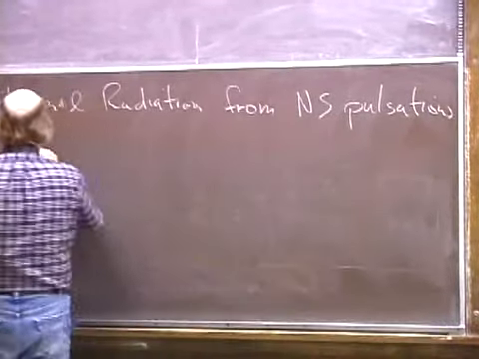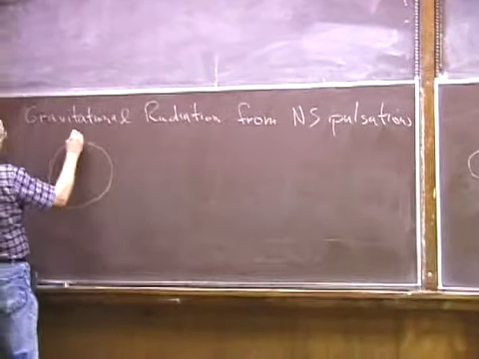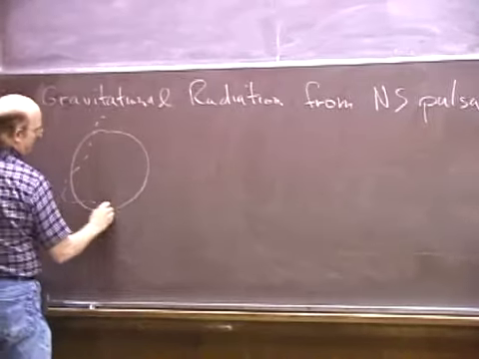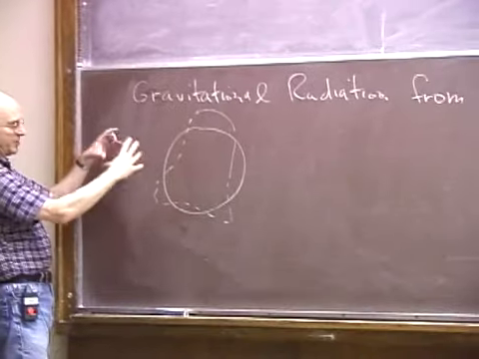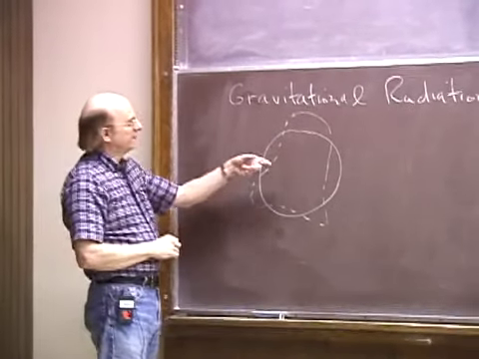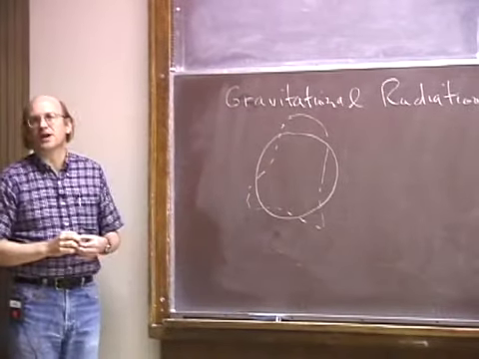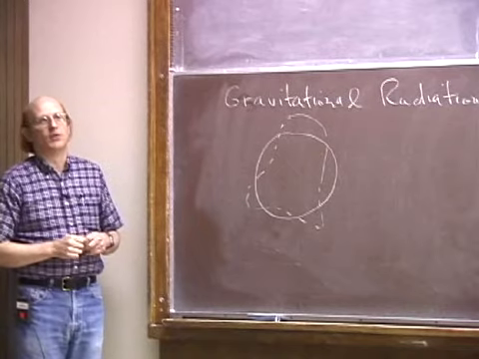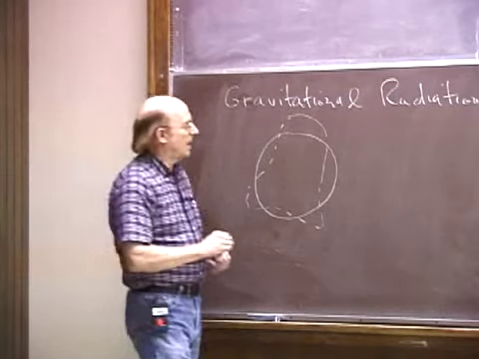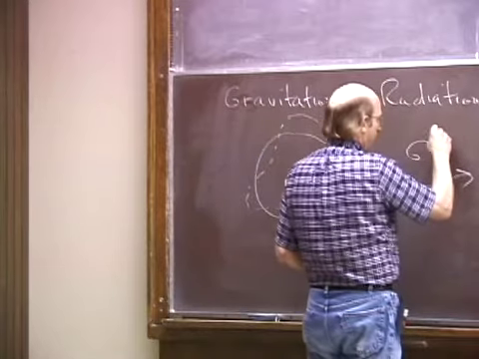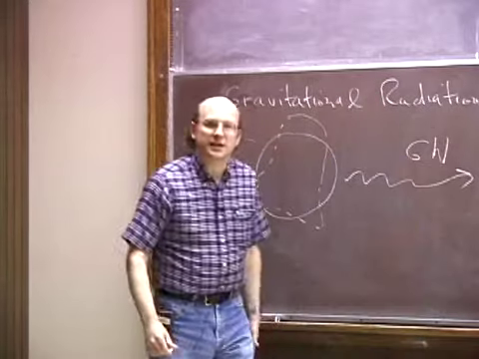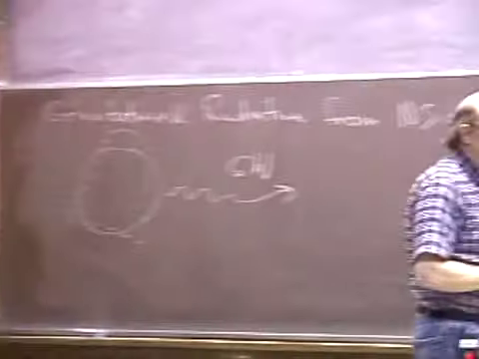But so you can imagine having a star, looks like this, say, that gets deformed in some normal mode, which oscillates back and forth. If this normal mode is one which has a time-varying quadrupole moment, then it will emit gravitational radiation, and in principle, we could detect it.